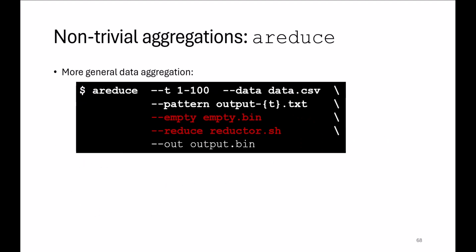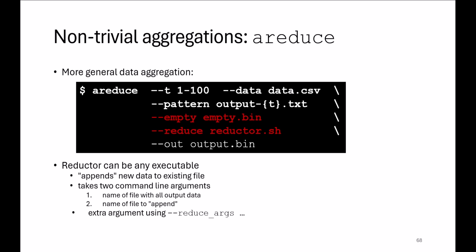For non-trivial aggregations, you can again use areduce, but now you need to specify an empty file, and you need to specify a reductor script or executable. So basically, what's the semantics here? Essentially, the reductor can be any executable, and it appends the new data to an existing file.